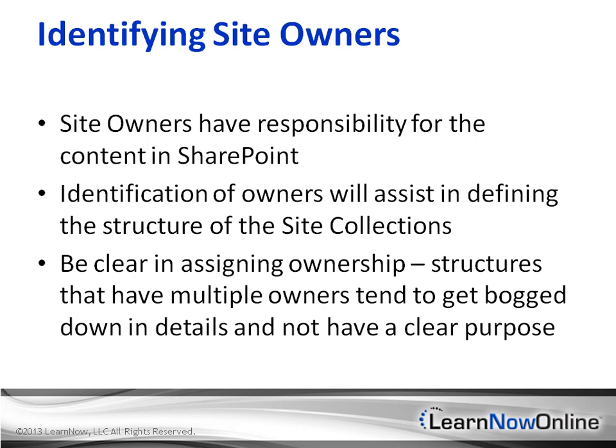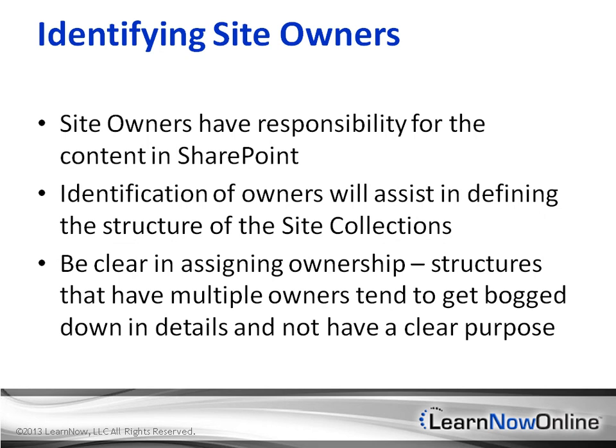You'll get bogged down in details and committees sometimes when you've got multiple pieces or too much matrixed ownership. But then you'll also not have a clear purpose for each of the SharePoint site collections or sites. And nothing makes your information management more difficult than to have multiple owners and not really know what's going on.